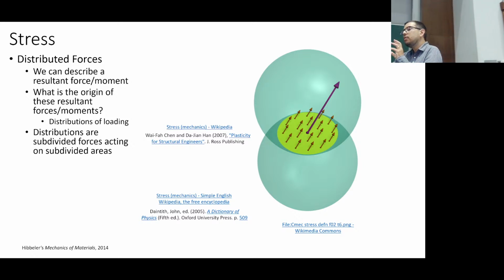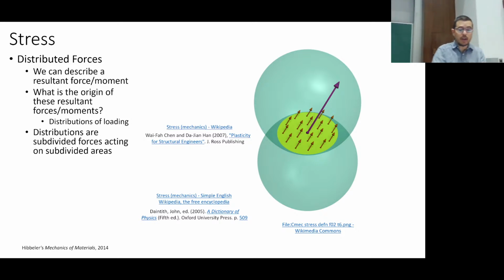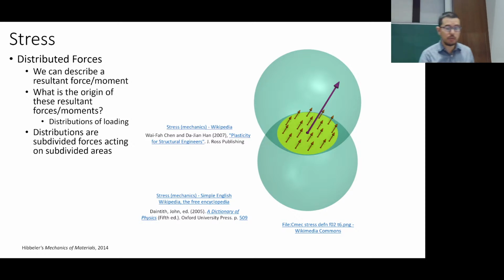If you have a body, or two bodies acting on each other at the surface, like they have a perfectly nice surface, and you push these two bodies together, or you take one body, split it in half, and look internally at the surface where they're interacting, you can imagine that there's going to be a force pair, action and reaction. So that would be like this big vector.